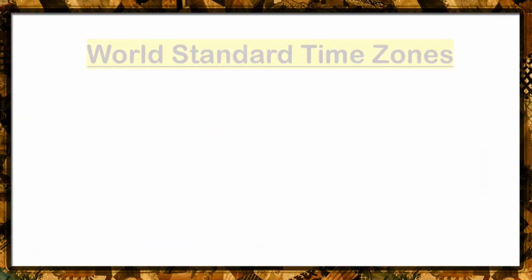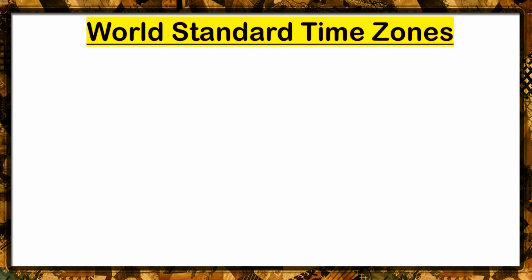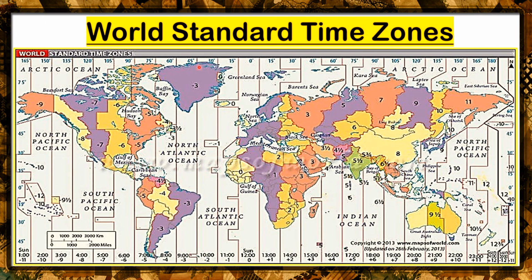So class, this is the world standard time zones. So this is the prime meridian in here. You can see here 0 degrees, in Greenwich, London, in the UK. So from here, if you're going to the right, plus 1 hour, up to 12 hours.